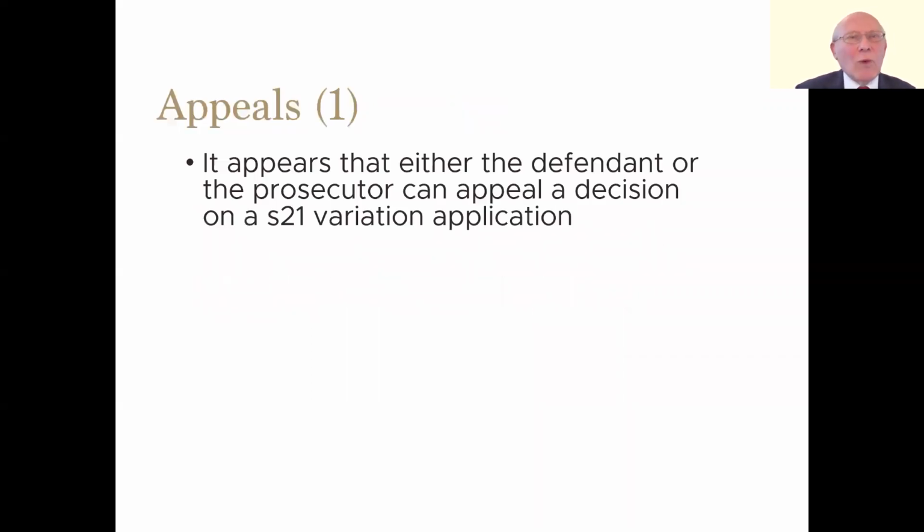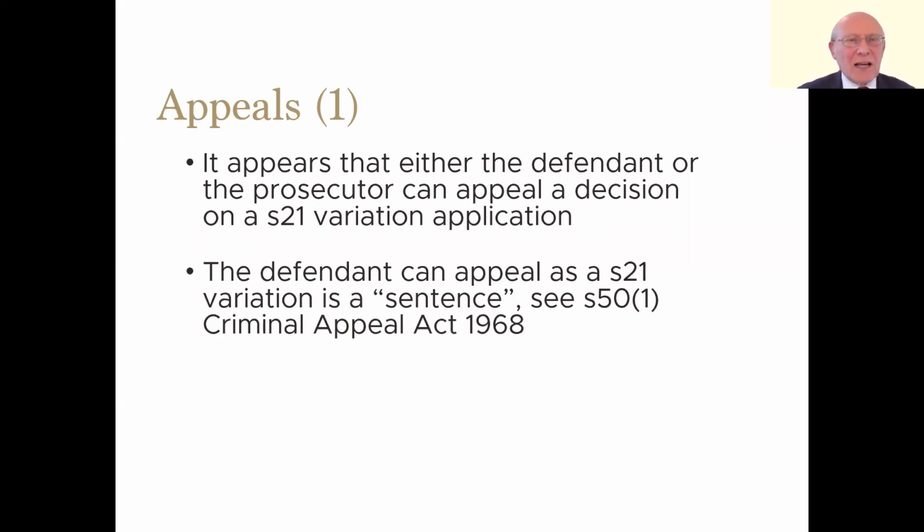Appeals. Well, it's fairly straightforward. It appears that either the defendant or the prosecutor can appeal a decision on a Section 21 variation application. The defendant can appeal because a Section 21 variation is within the definition of a sentence in Section 50 of the Criminal Appeal Act of 1968. So the defendant can appeal a sentence.